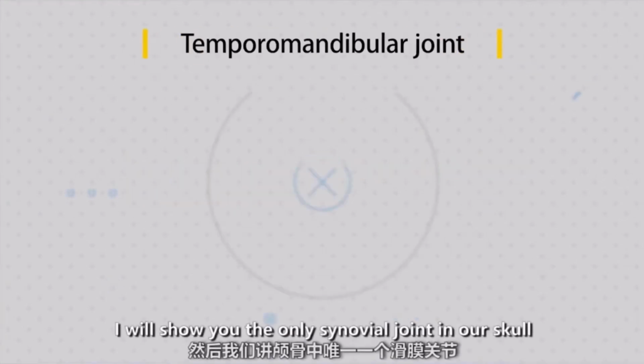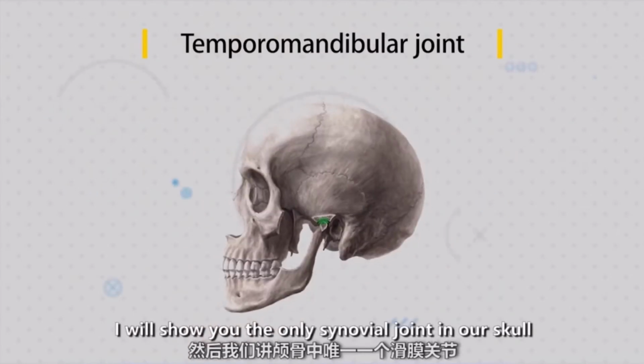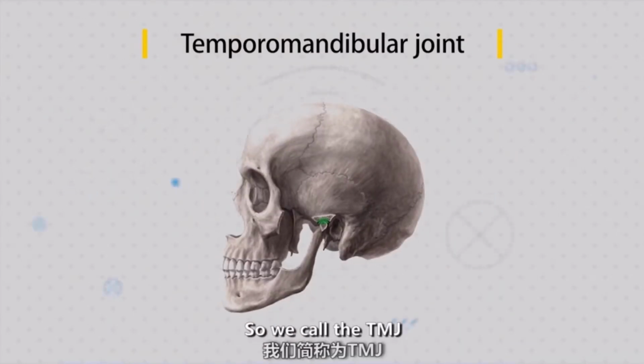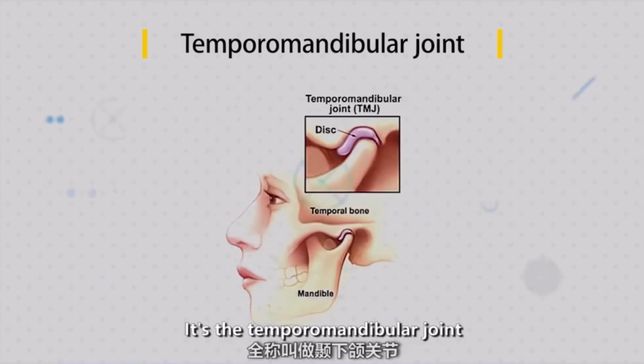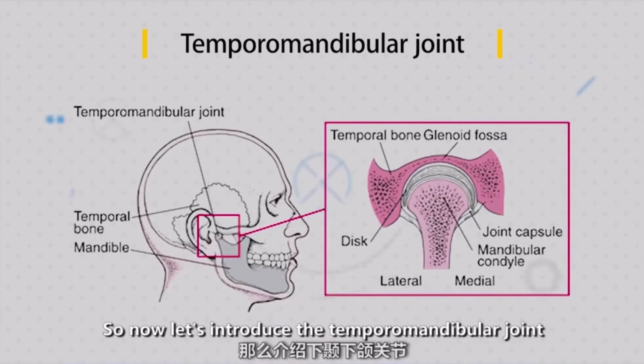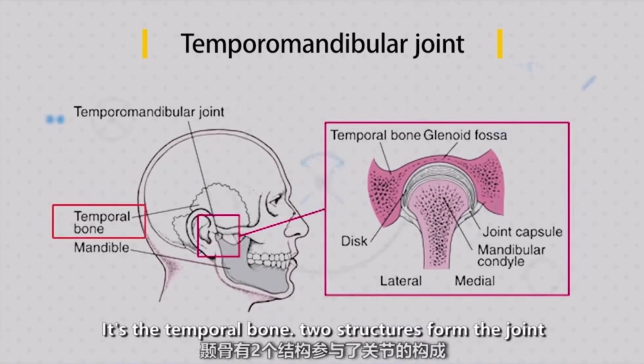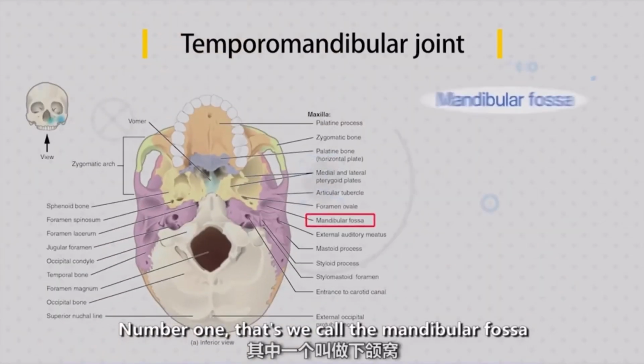I will show you the only synovial joint in our skull. That's what we call the TMJ, the temporomandibular joint. It is formed with the temporal bone, and two structures of the temporal bone form the joint. Number one, the mandibular fossa.